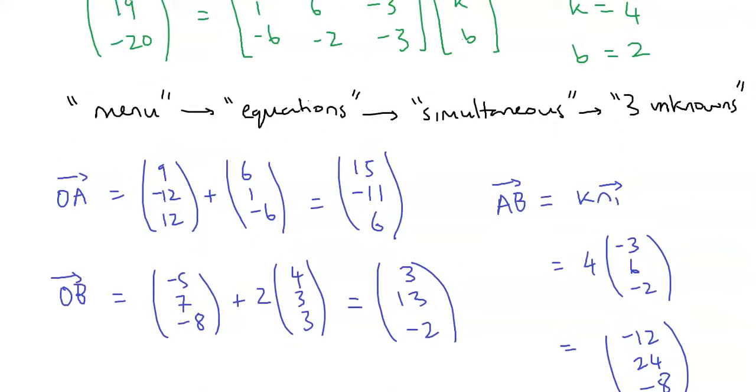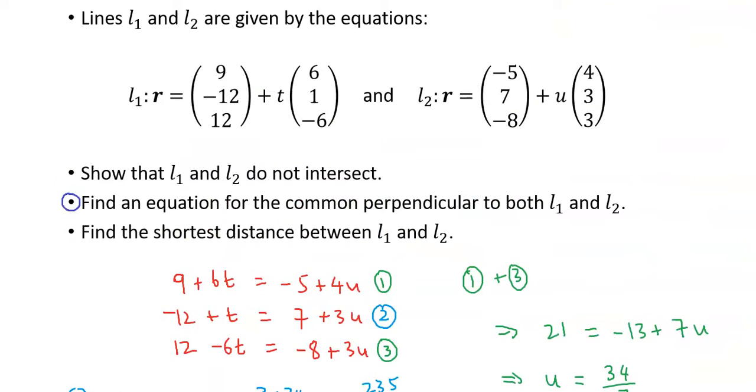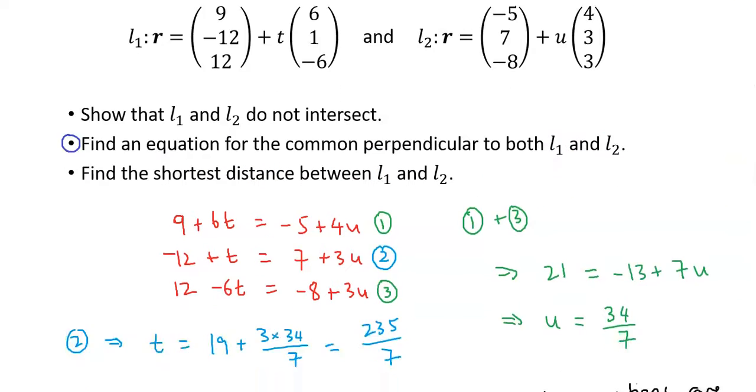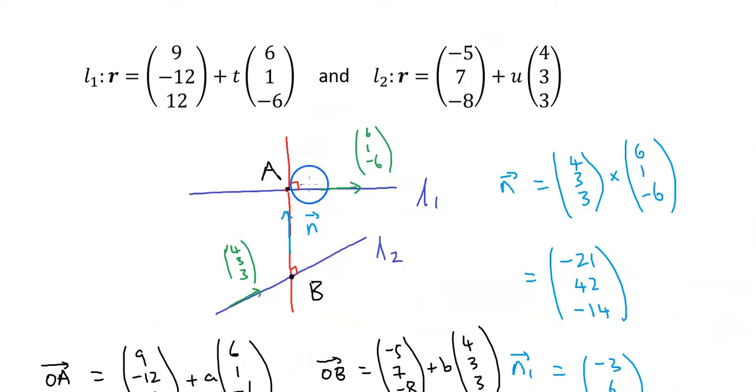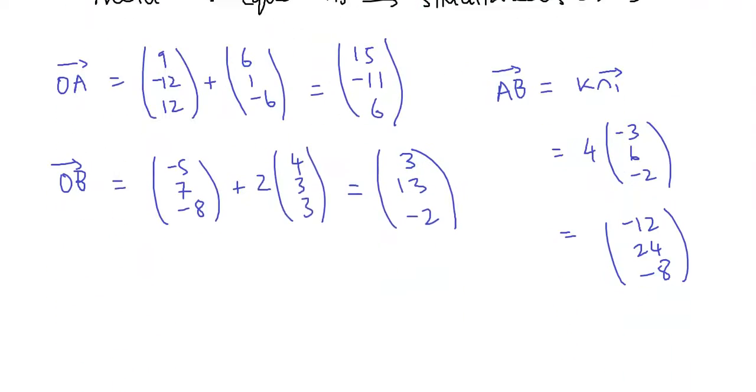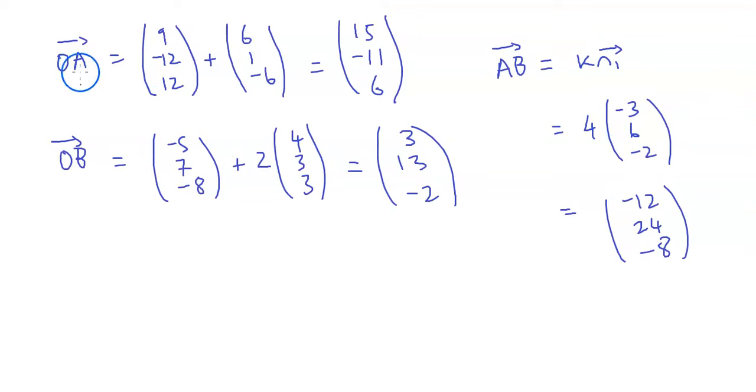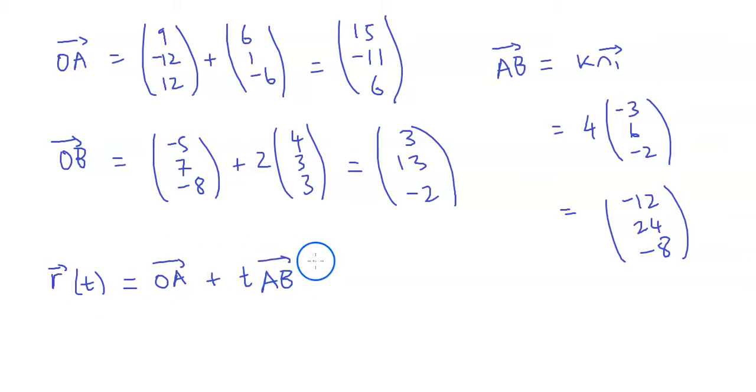And now we're ready to answer the question, which was to find an equation for the common perpendicular to L1 and L2. Now that is, of course, the equation of the line that goes through the points A and B that we found. So we just need the equation of the line through A and B, and we know that, for example, one possible vector equation is r of t is equal to OA plus t times AB.